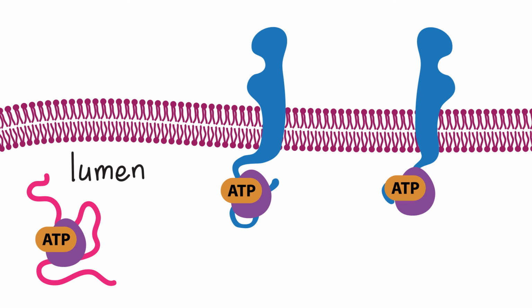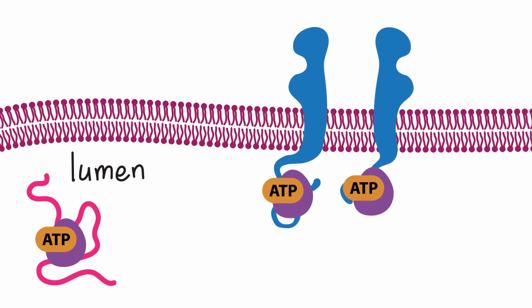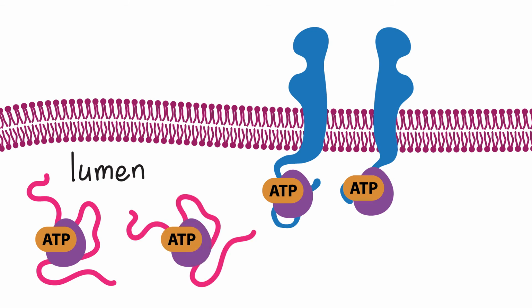Then we would hypothesize that BIP bound to those luminal domains of IRE1 prevents them from binding to one another. So then, as the level of unfolded protein rises, the unfolded proteins can also bind to BIP, thus competing with IRE1 for the amount of BIP that is present.